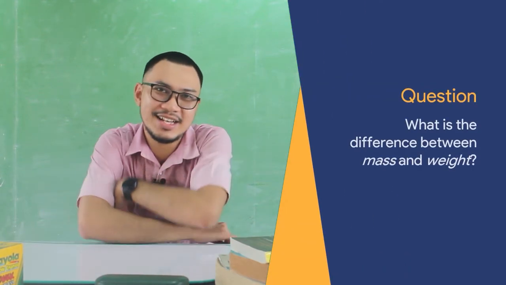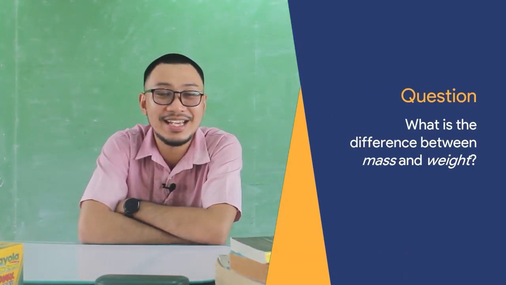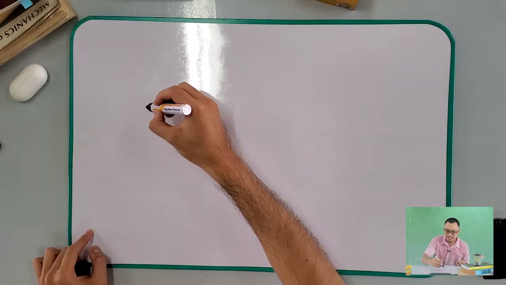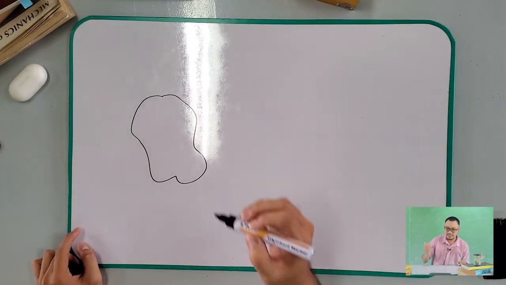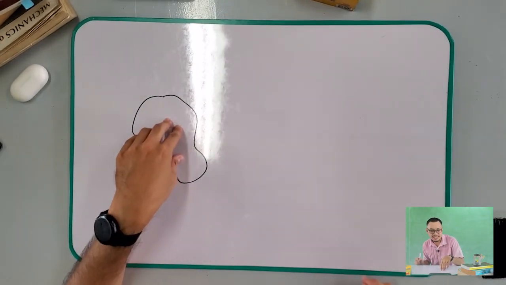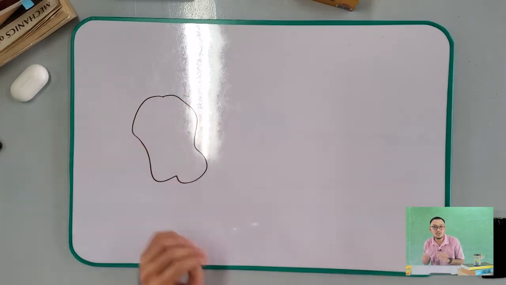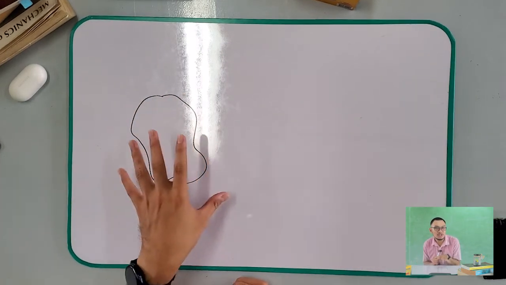Let me give you a comparison. What is the difference between mass and weight? Maybe you said before that weight is gravity. Yes, that's right, but let's dig deeper into the difference. We defined earlier that mass is the amount of matter in an object. So let's say we have an object composed of small matter.